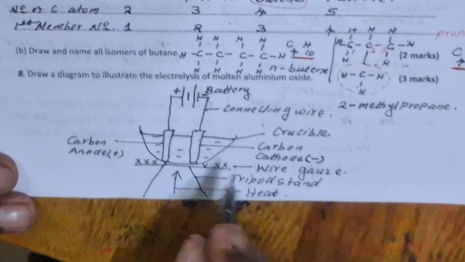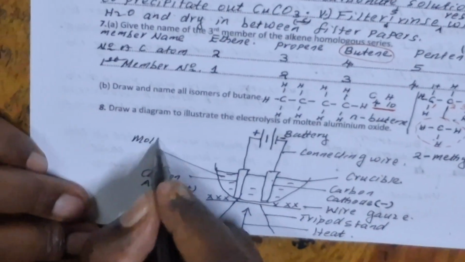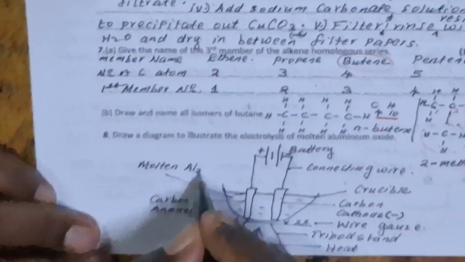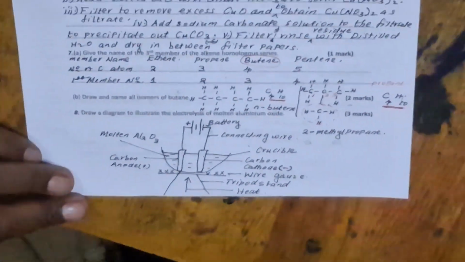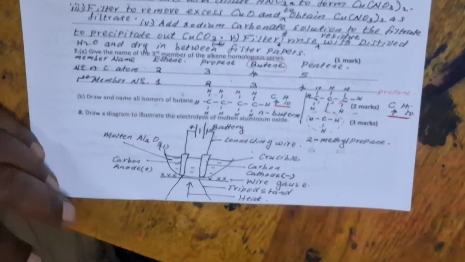I've forgotten one thing. Now inside here we have molten aluminum oxide, which means it is in liquid state because of the heat. So this is molten. You can even place liquid like that, indicating that it is molten.